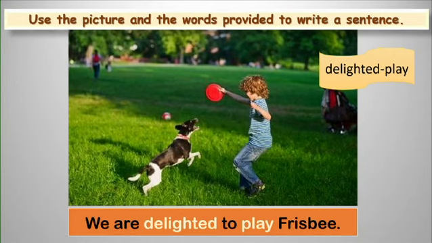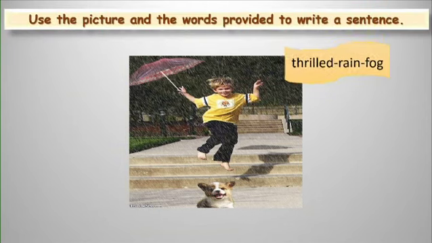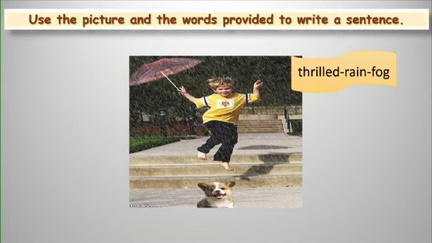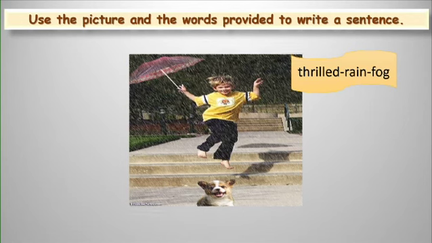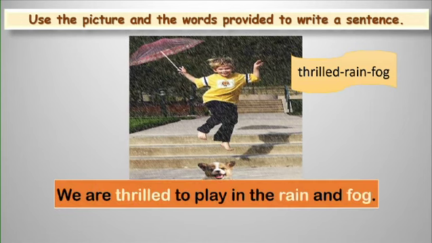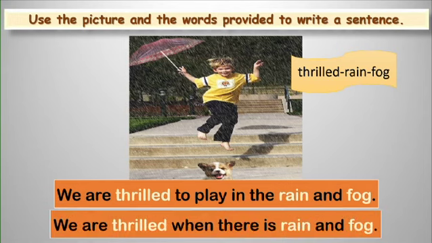We are delighted to play frisbee. Thrilled, rain, fog. We can say, we are thrilled to play in the rain and fog. Or, we are thrilled when there is rain and fog.